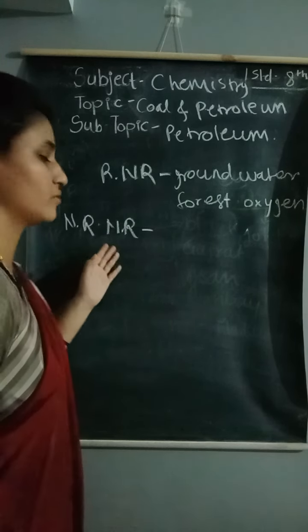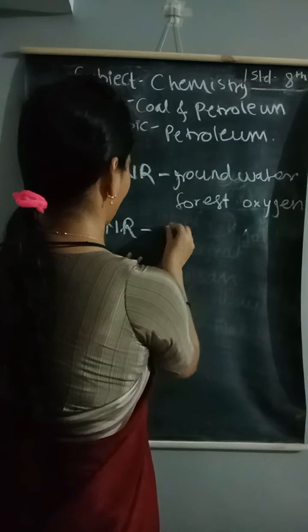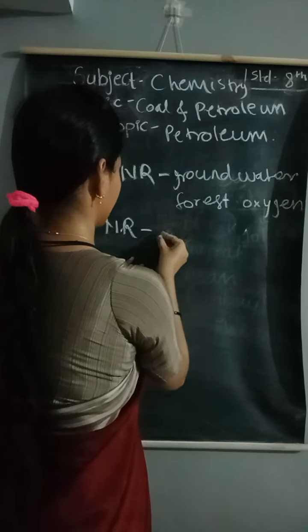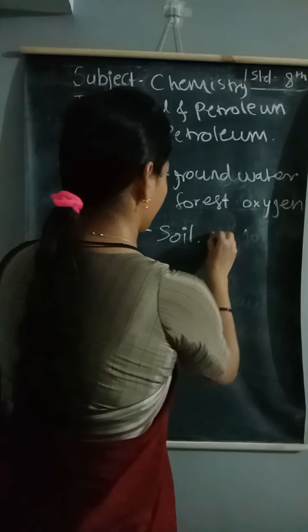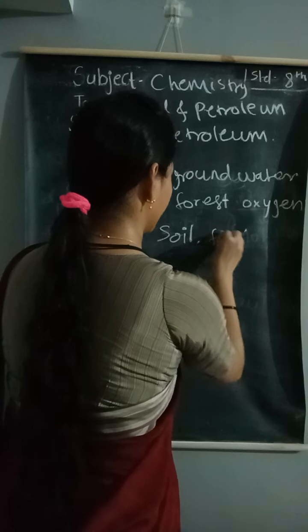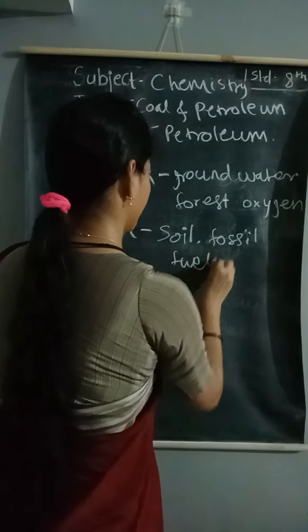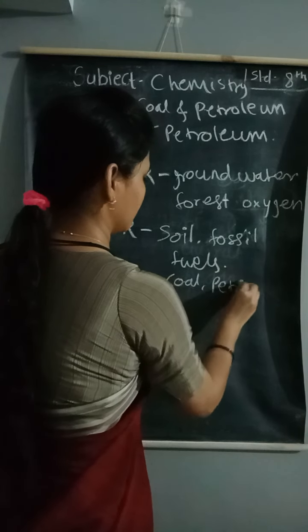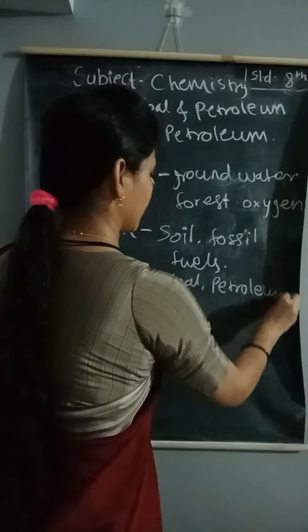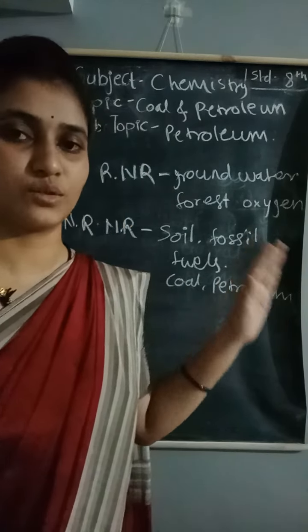The examples of non-renewable natural resources are soil, fossil fuels like coal, petroleum. Those are the non-renewable natural resources.